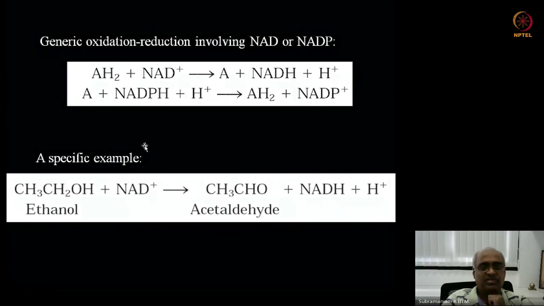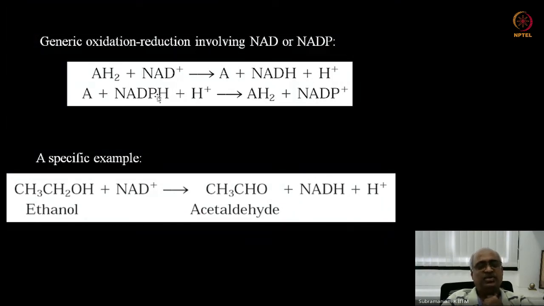This is just for convenience. For the oxidizing part, they have shown NADPH. So it happens with either one of the two in both directions. Here you have the same specific example that we just saw: ethanol getting oxidized and NAD plus getting reduced. This is a typical dehydrogenation reaction.